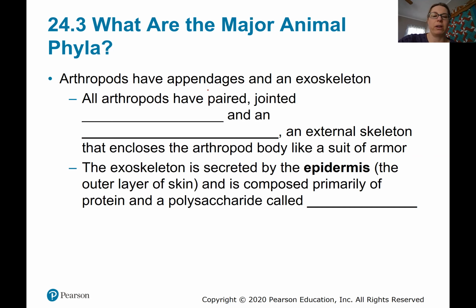Arthropods have paired appendages, and they're also jointed appendages or jointed legs. And if you think of the word arthropod, pod we know means like feet or foot or appendages. Arthro, what do you think that means?